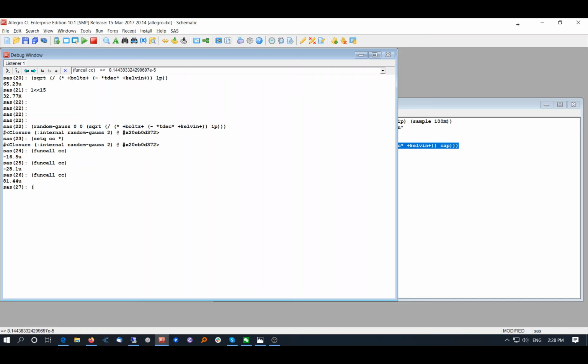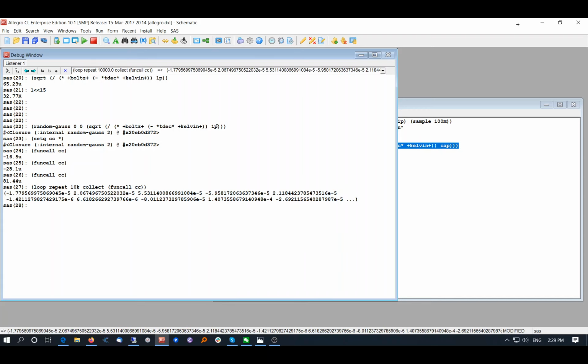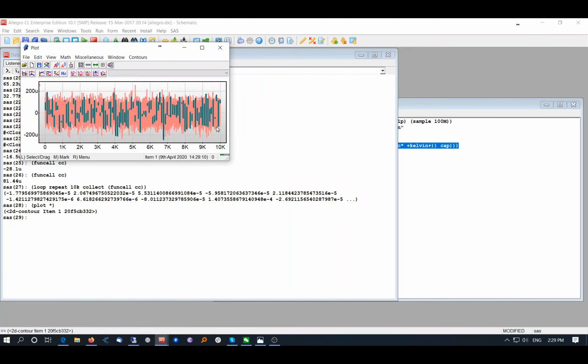Let's just have a quick hack. Loop, repeat 10,000 times, collect, function call that thing. There it is. Plot that thing. What are the statistics of that thing?